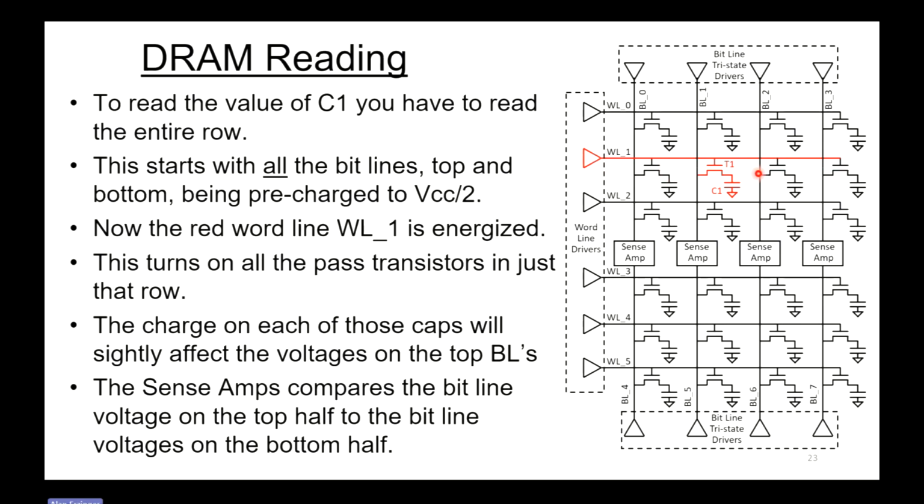Now you energize the red word line. So that connects each of these capacitors on this row to its corresponding bit line. So the charge on all those capacitors is going to slightly alter the voltage on the bit line they're connected to. And the sense amp now looks at that bit line and the one on the bottom that was pre-charged and hasn't been messed with, and it looks for that slight difference between the top bit line and the bottom bit line.